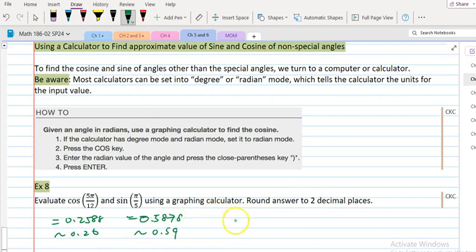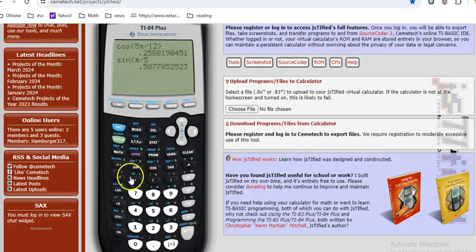Okay. What about if I say cosine of 415 degrees? Now, the good thing about a unit circle is even though this is greater than 360, you don't have to find a coterminal angle. You can just switch it, but you have to switch the calculator to degree.